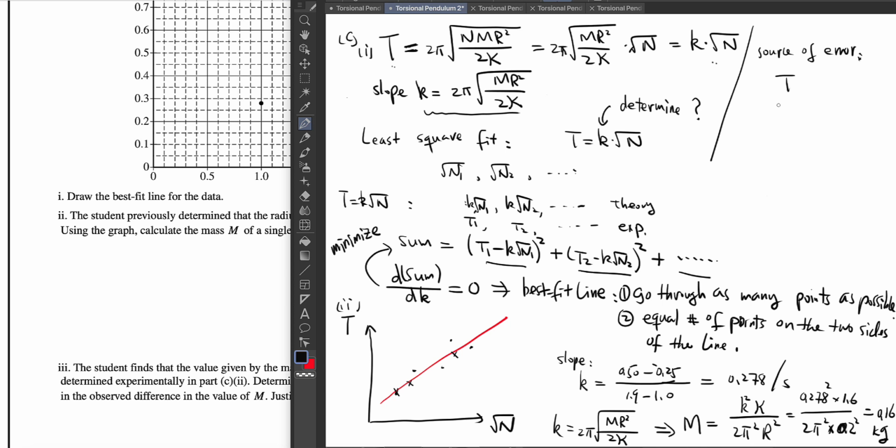For example, the oscillation becomes non-ideal, so you're going to lose some energy there, right? So each time when you measure the T, when you do 10 times measurement, each time actually there's a tiny difference. And another source of error that could introduce this T error is that the angle is twisted too large.